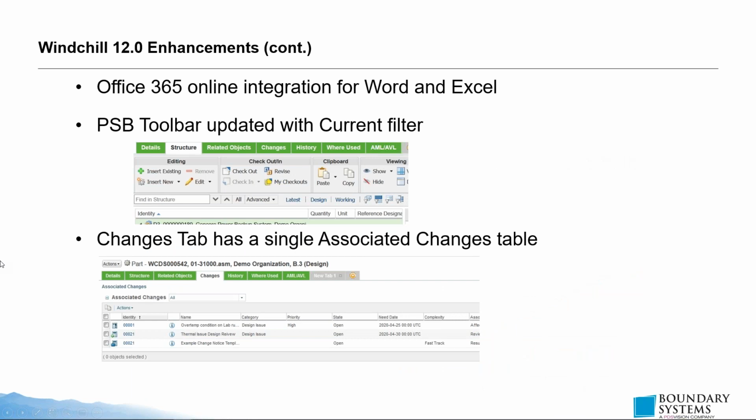All right. Also, the product structure browser has updated its interface. So now right next to where the find structure is, we can actually see the current filters. So we can see that it's the latest, it's using design, and it's at the working state or at the working level. So we can see all that information right here.